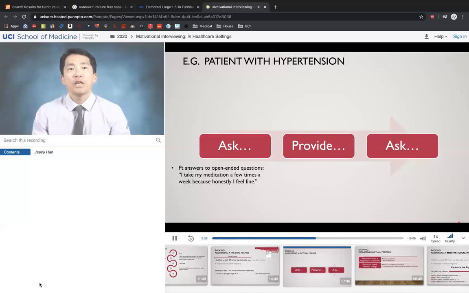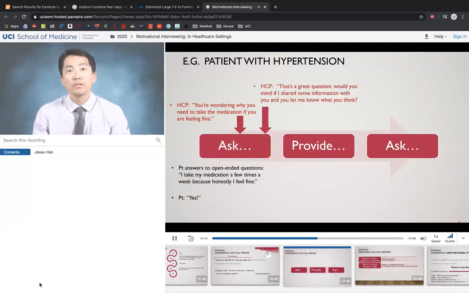So the patient, we've asked open-ended questions, and the patient tells us, "I take medications a few times a week because honestly, I feel fine." Provider says, "You're wondering why you need to take a medication if you're feeling fine." Patient says, "Yes." We respond, "That's a great question. Would you mind if I shared some information with you and you let me know what you think?"